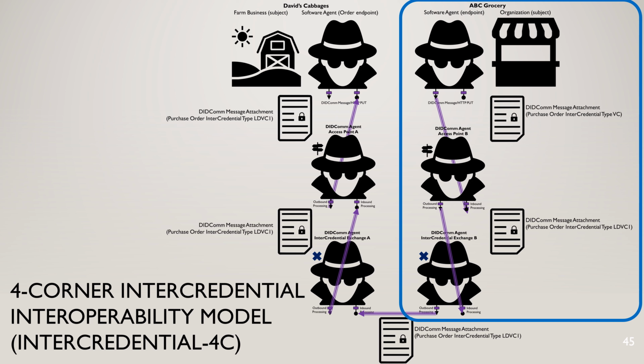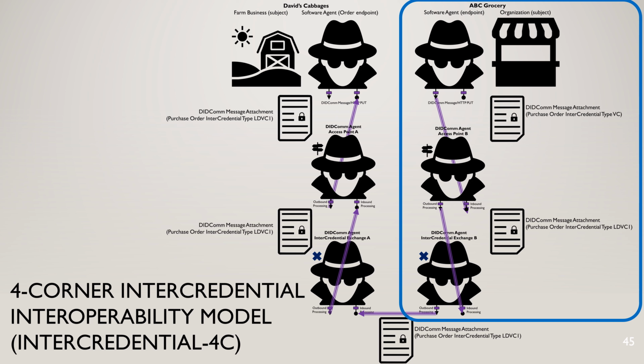And so following the four-corner credential interoperability model strictly, the one described by Ken Holman, you would have the DIDCOMM agent here in the middle of the blue box, and you'd have the InterCredential exchange agent at the bottom of the blue box.